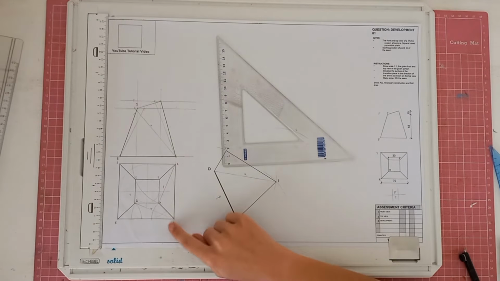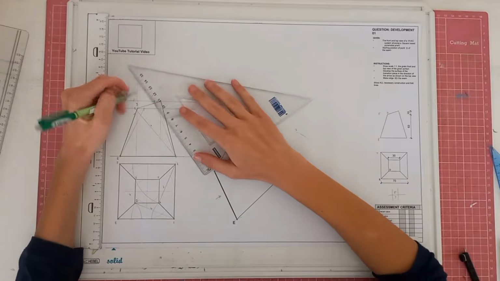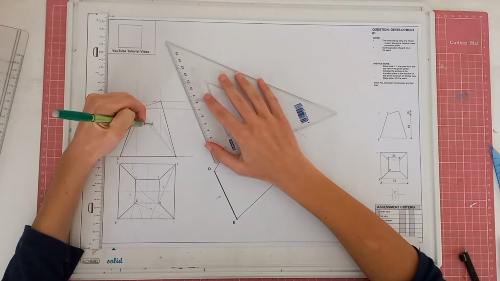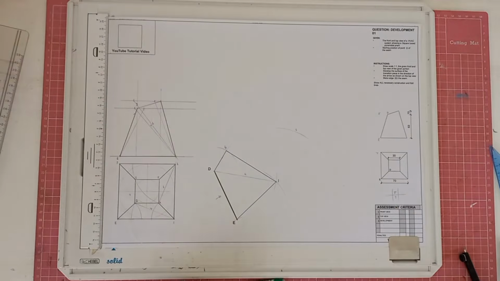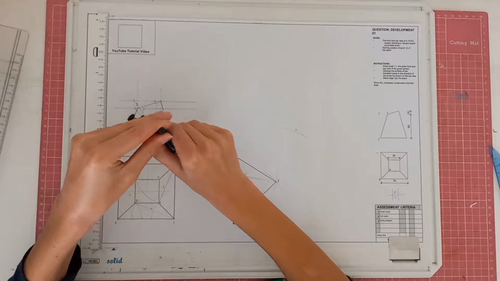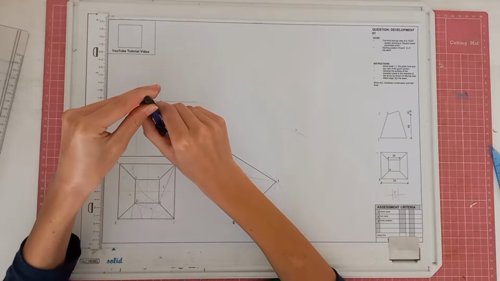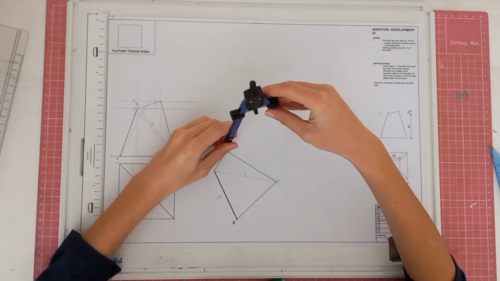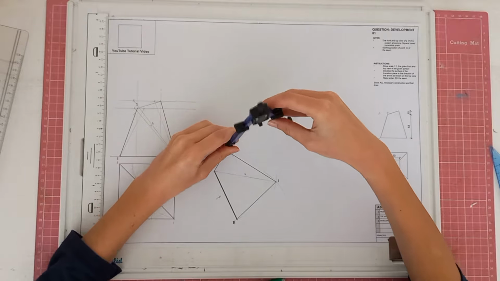Now because 2 and 1 share a sort of corner, we can take it to corner 1. Okay, that will be point B, and then from there we are going to grab the measurement all the way up here to B, and then we can transfer a line across.